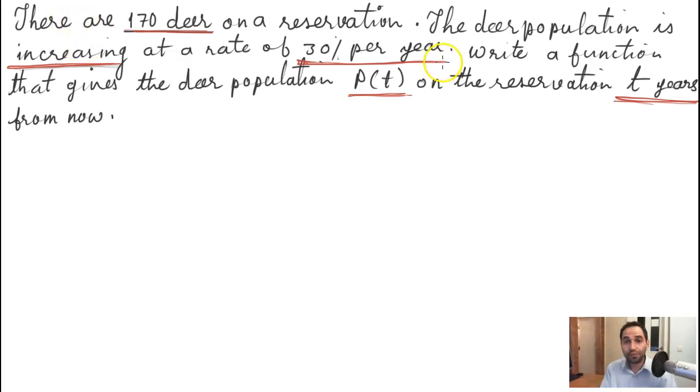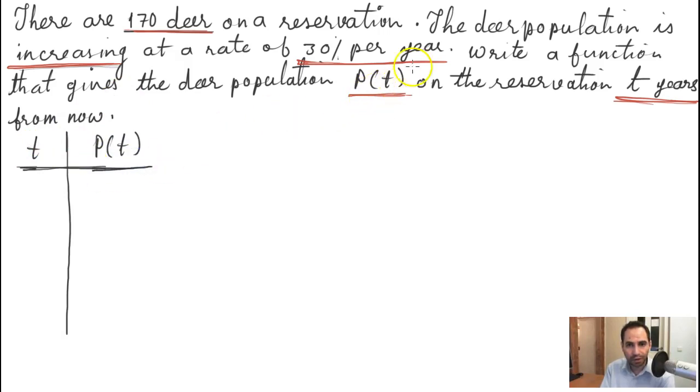Okay, so we could do a table, and so basically you have t here and P of t here as recommended by the example itself.